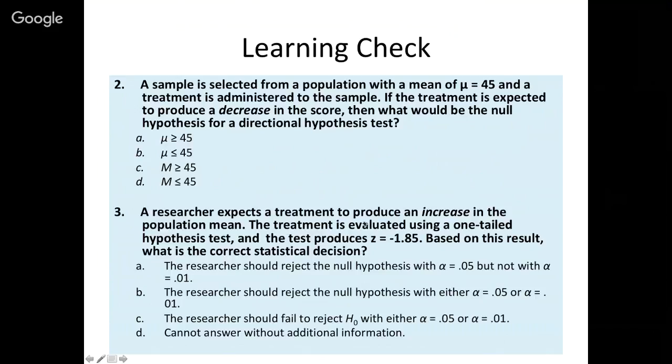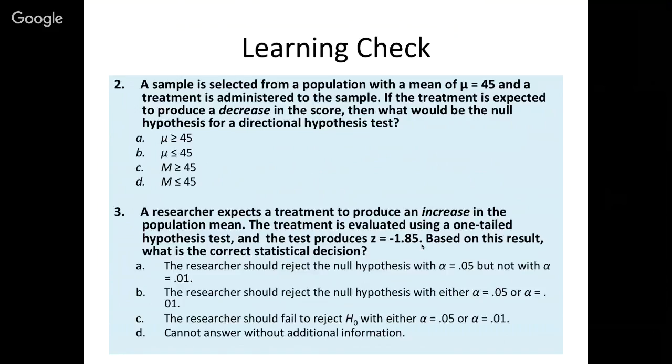A treatment to produce an increase, right? Keyword: increase in the population. And then the treatment is evaluated using one-tailed hypothesis testing, and the test produces Z equals negative 1.65. Here, increase, right?